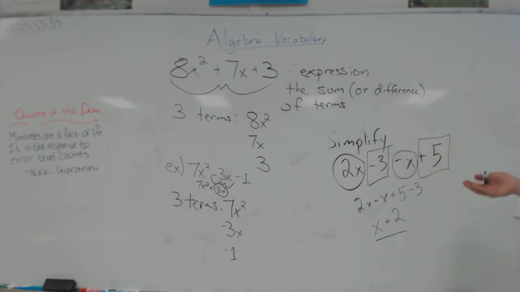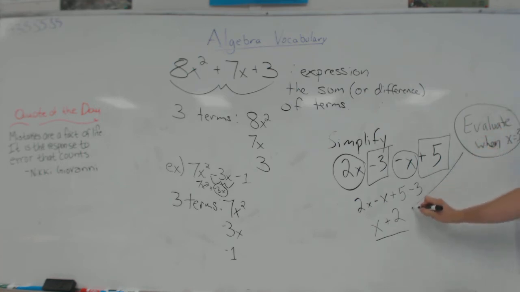We can never solve expressions, though, because there's no equal sign. Right? So I can't say solve x plus 2. That just doesn't work. There's nothing to solve it for. Sometimes what you will see is evaluate when x equals 3, or something like that.